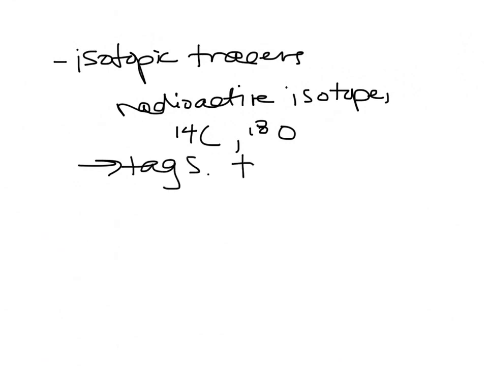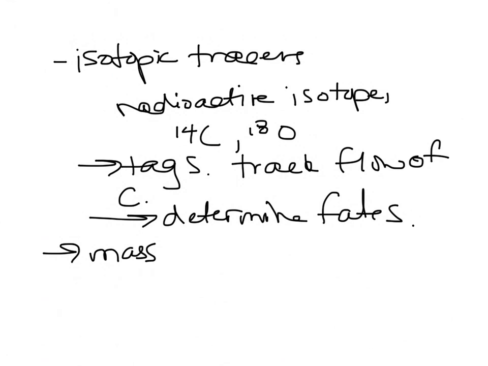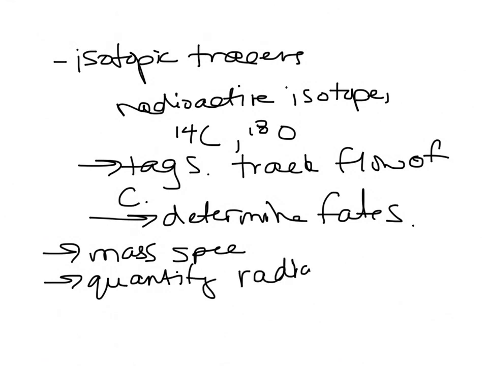And what you can do is you can track the flow of carbons. And then you can determine their fates. And you can either look at things by mass spec, or you can quantify the amount of radiation on a blot.